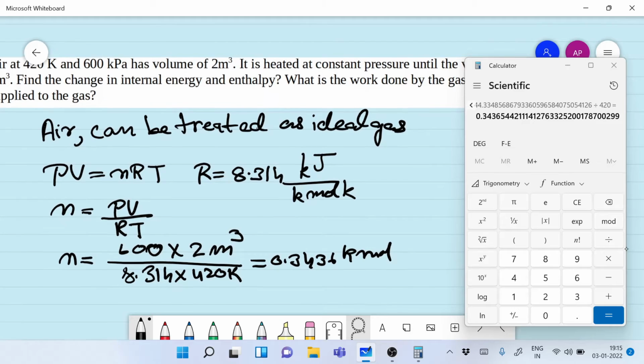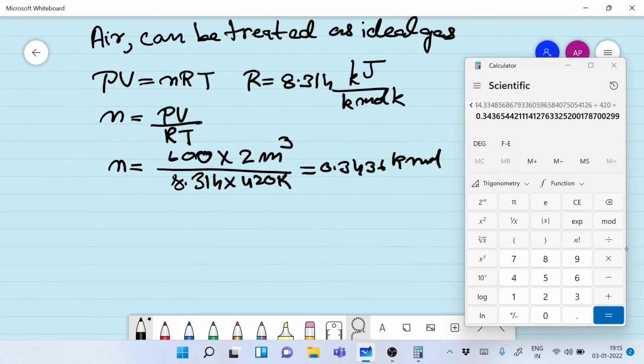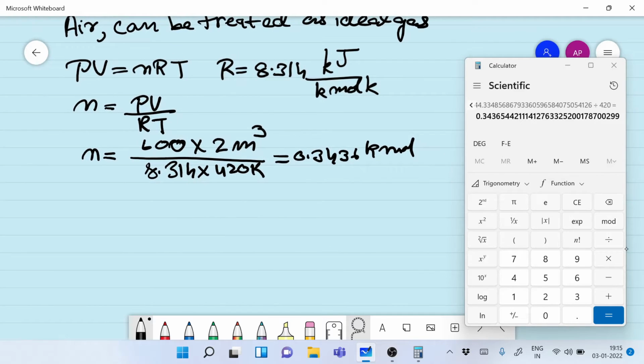Now it is heated at constant pressure until the volume is 6 meter cube. For a constant pressure process, we can write P1 V1 upon T1 is equal to P2 V2 over T2.